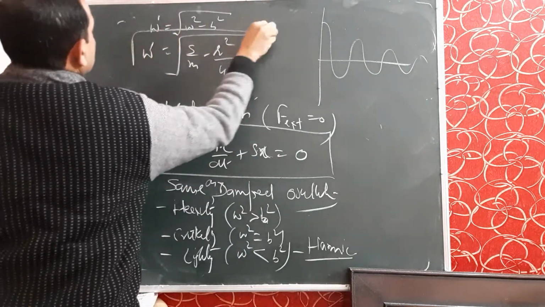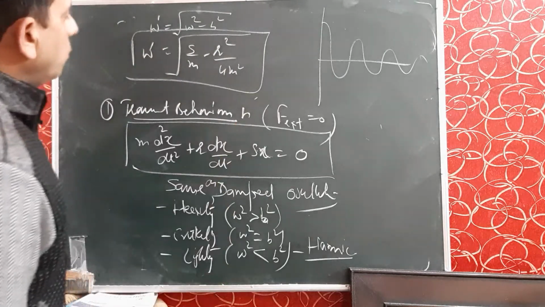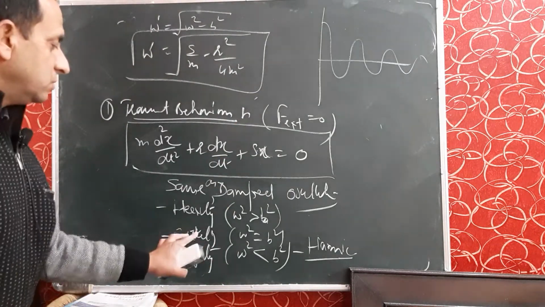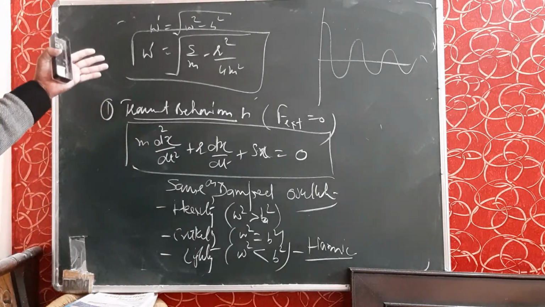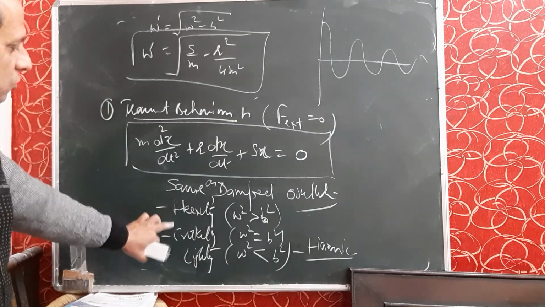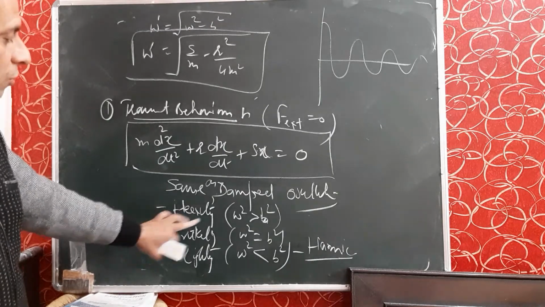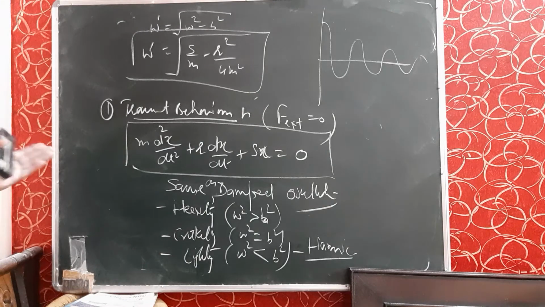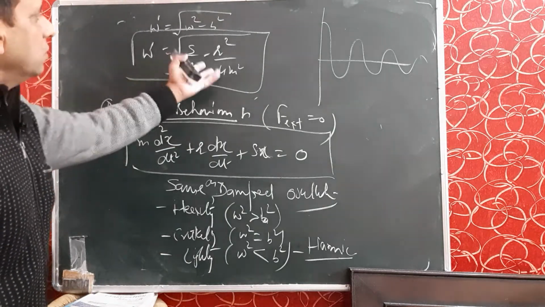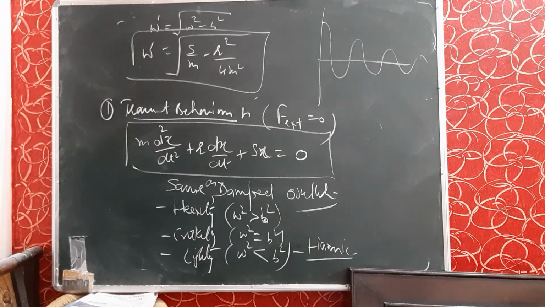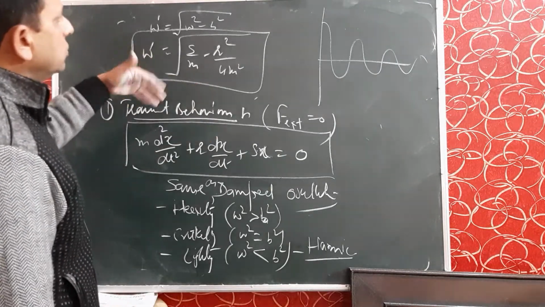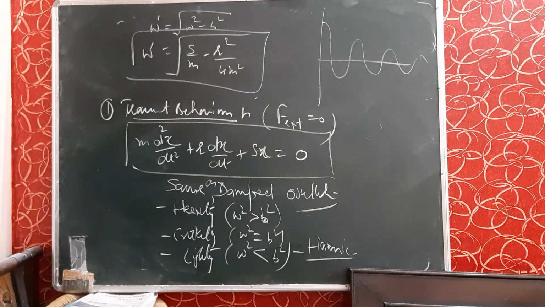This is omega dash, the angular frequency of the damped harmonic oscillator in the lightly damped case. Harmonicity is only possible for the third case. This is the frequency of the damped oscillator. So this transient behavior is the same as the behavior of the damped oscillator.